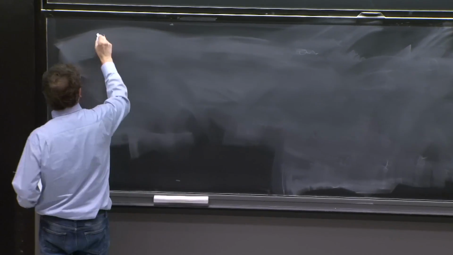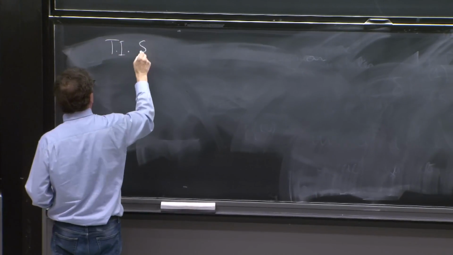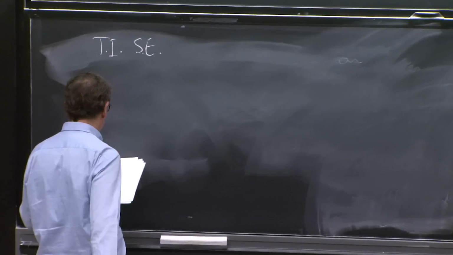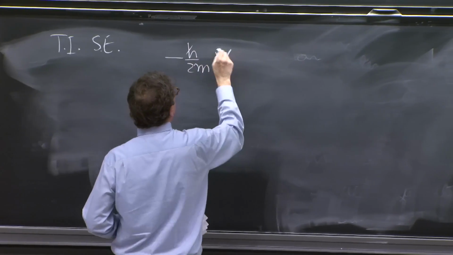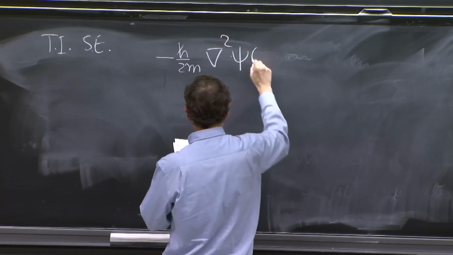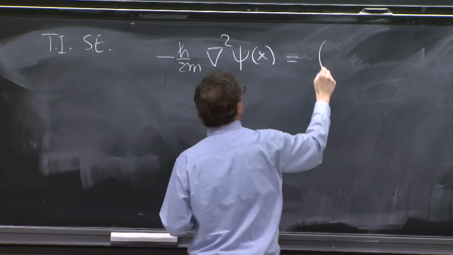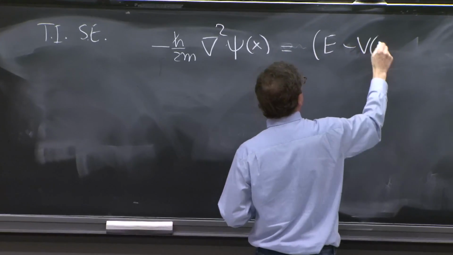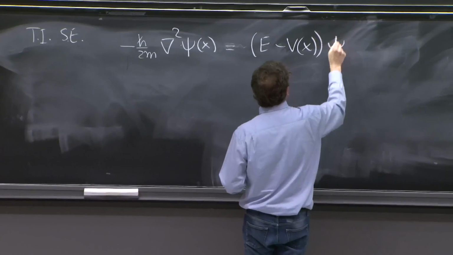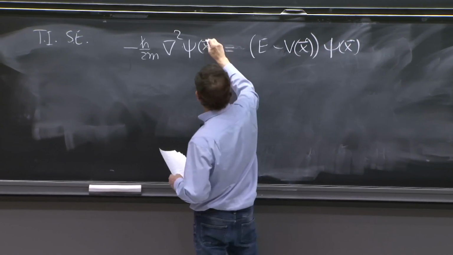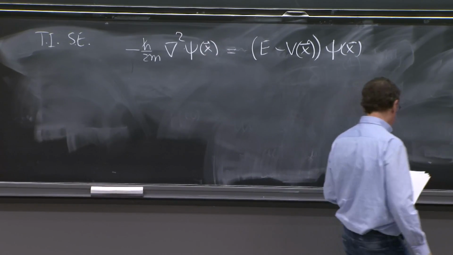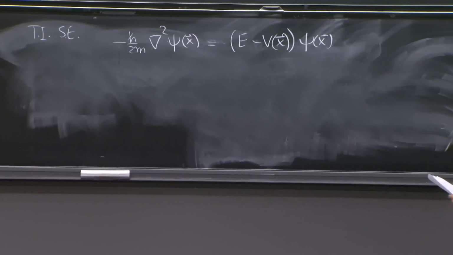The time-independent Schrodinger equation. So it's minus h bar squared over 2m Laplacian of psi of x is equal to E minus V of x psi of x. All these are vectors. That's why I'm using the Laplacian, not second derivatives.